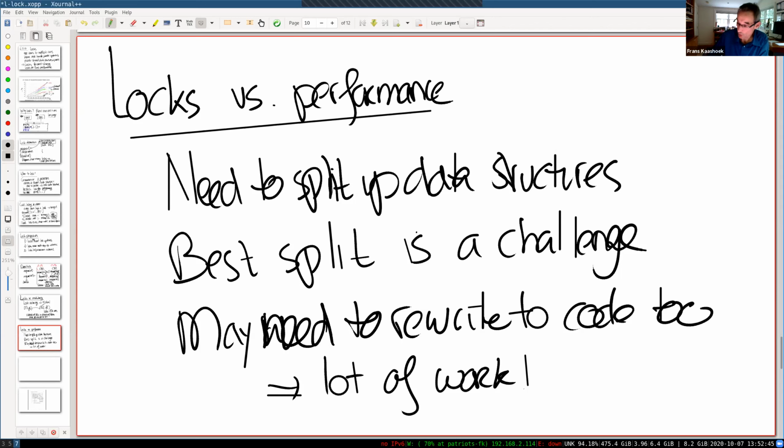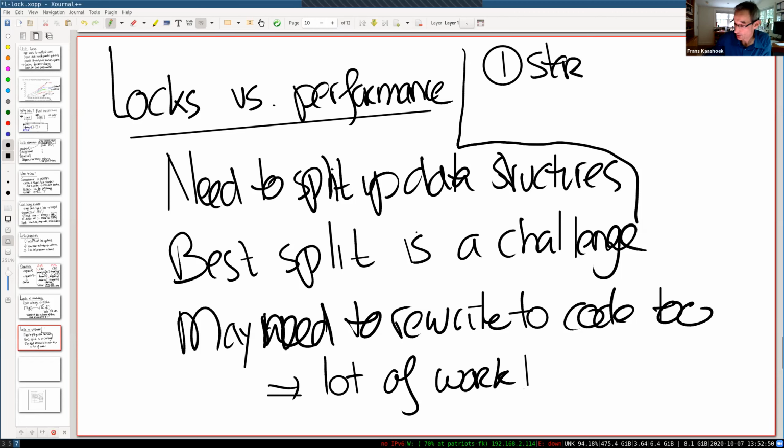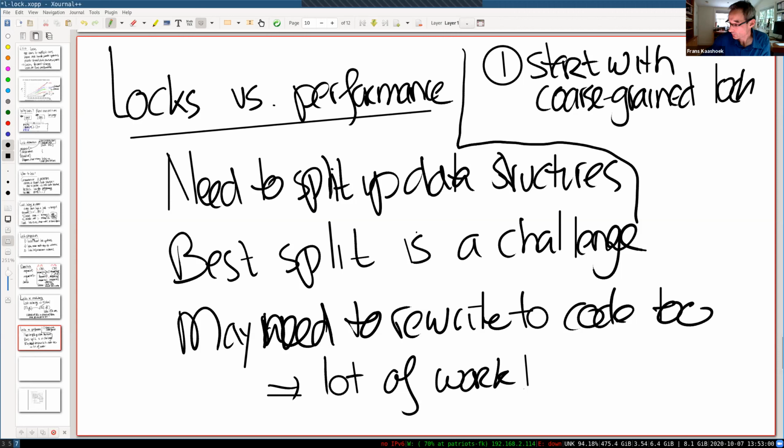And so the general recipe for how to go about this is to start with coarse-grained locks, and then measure. Run a bunch of applications on top of your kernel and see whether you actually get any speedup if they exploit multiple cores.